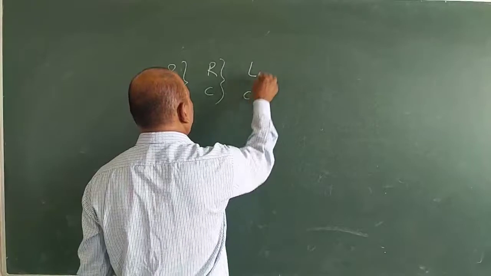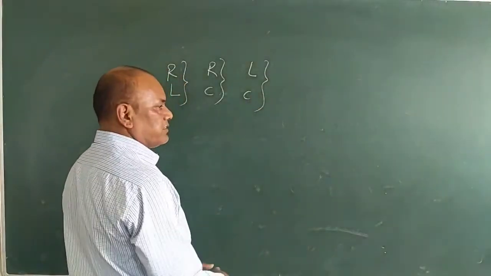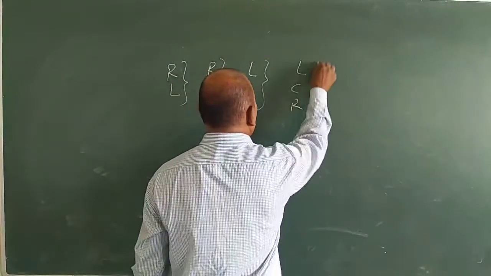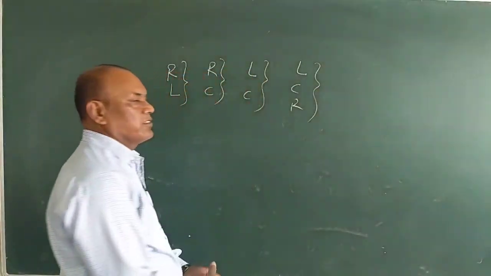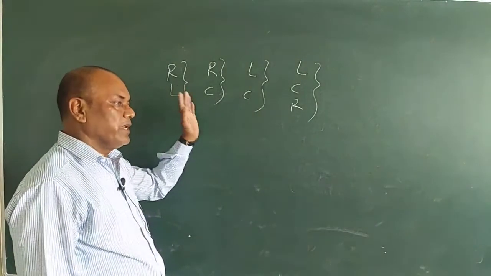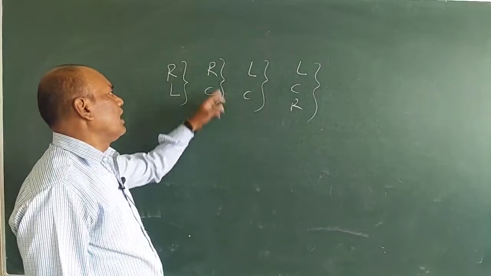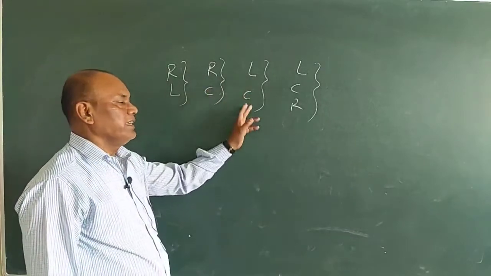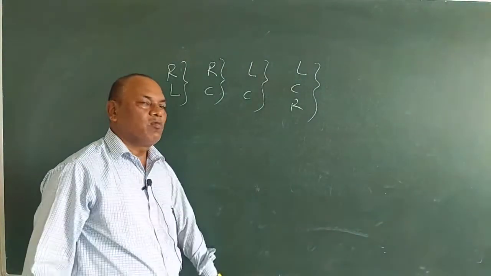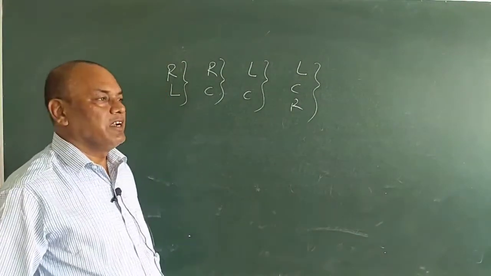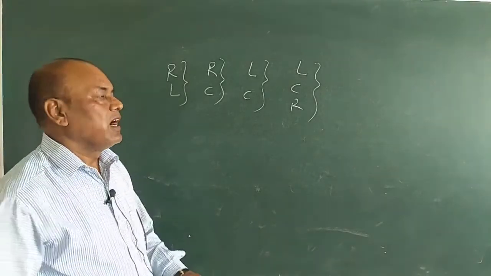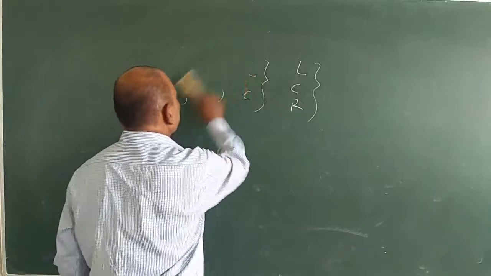And if L and C are connected in series, it is called LC circuit. And if L, C and R are connected in series, then this is called LCR circuit. So now we will study the combination of RL, RC, LC and LCR connected to the AC mains. Then what will be the behavior of resultant voltage, resultant current, phase difference and impedance.